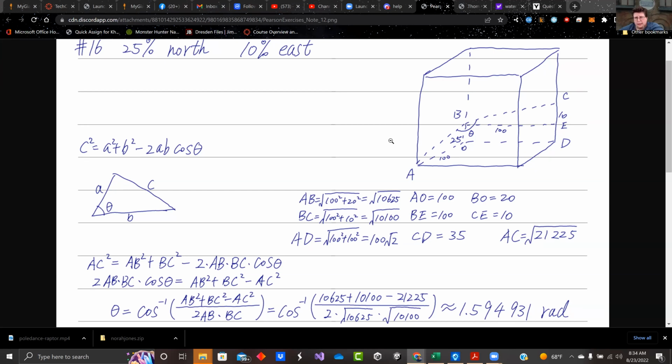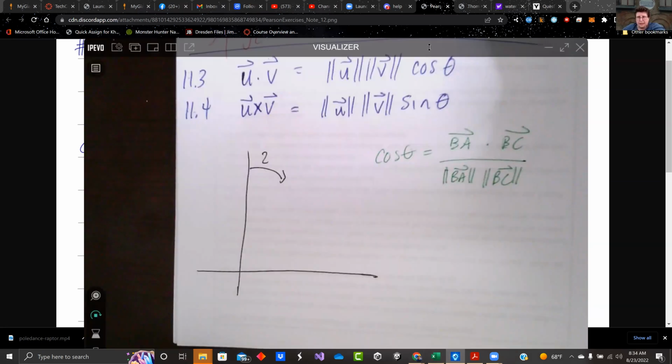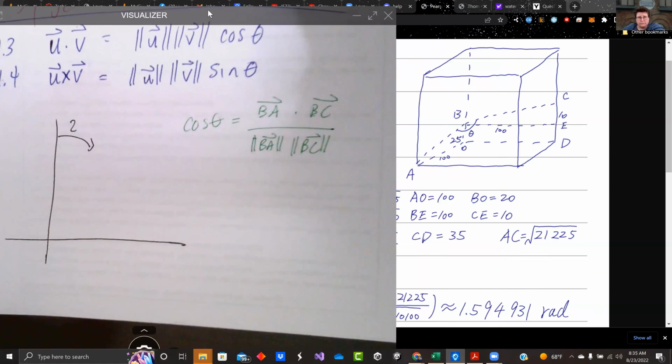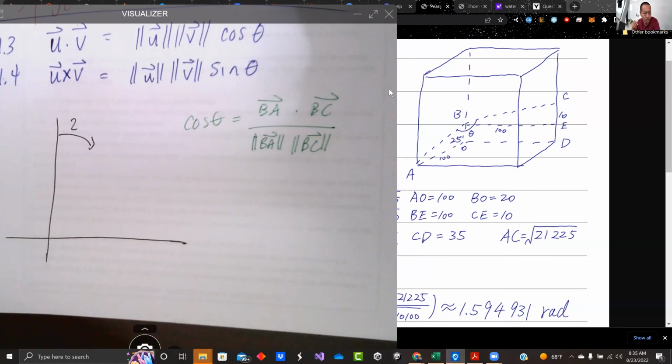I like the use of the 100 because I could treat that triangle you have there. Let me overlay this on it. This is another way. Let's figure out what BA is.